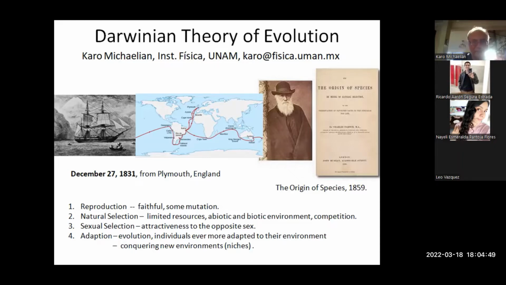he had found. So basically, the theory of Darwin is that organisms reproduce faithfully, but also with some mutation. And there is something in nature which is called natural selection, because of the limit of resources, whether they be abiotic or biotic, coming from the environment.